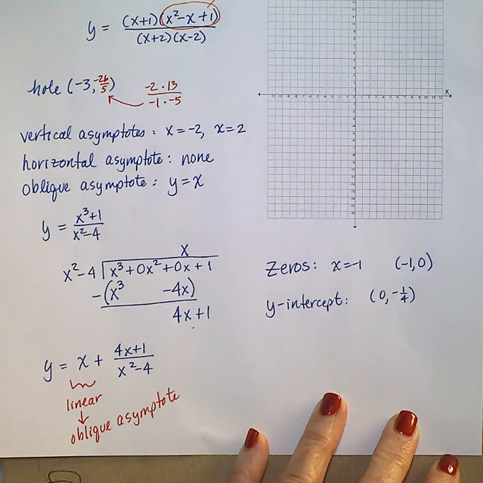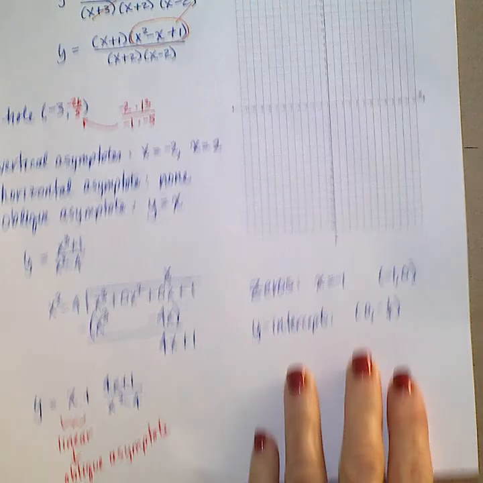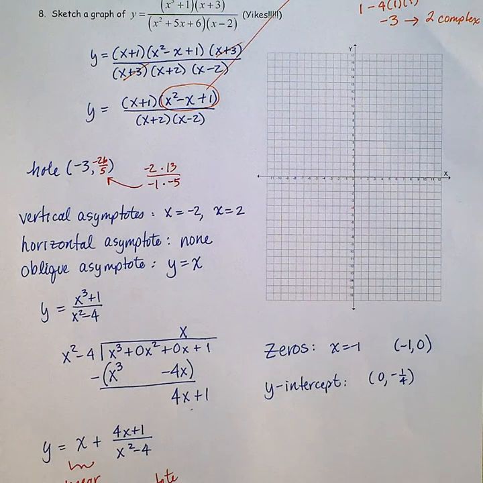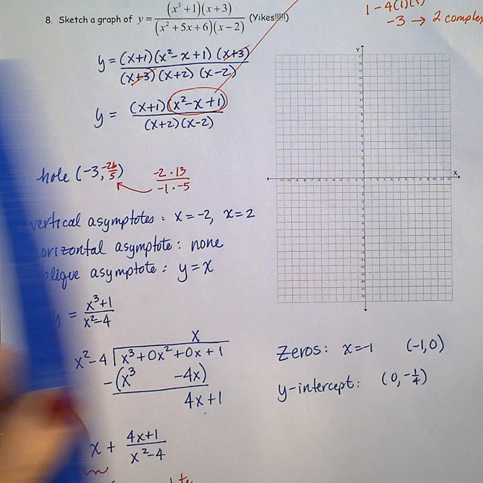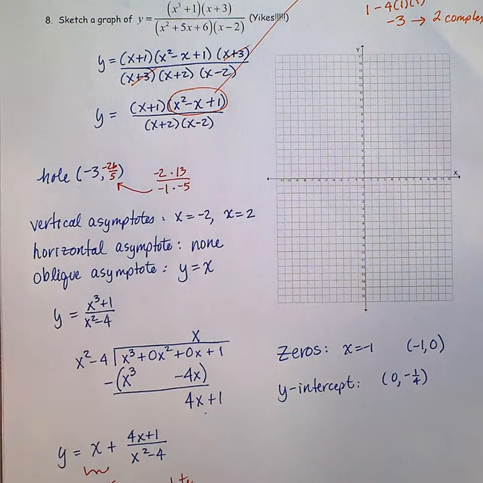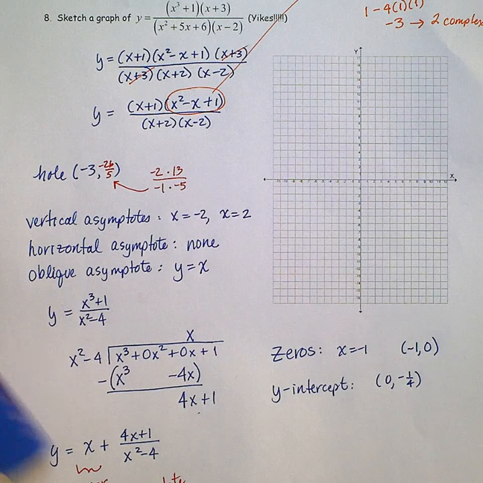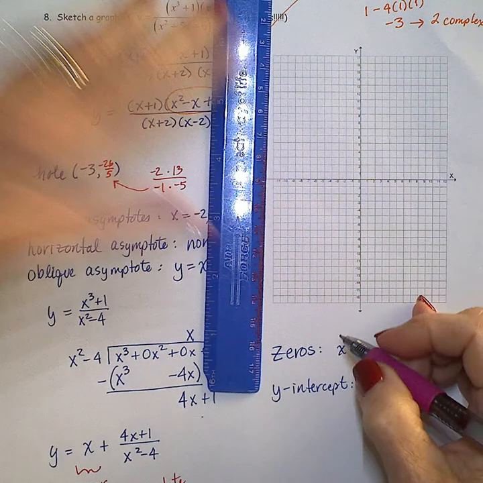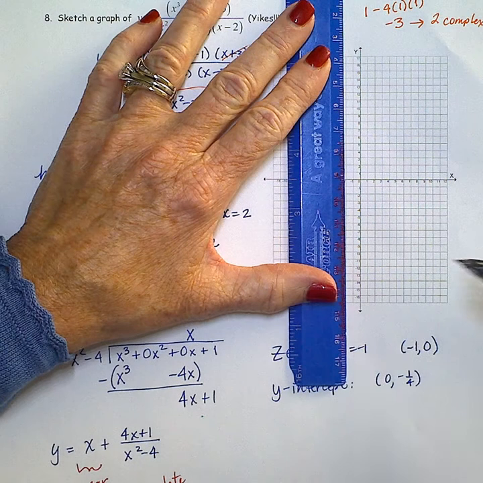All right. Okay, grab a colored pencil if you'd like. Absolutely grab a ruler because we want to have nice straight lines here when we draw our asymptotes in. Okay, vertical asymptotes at -2 and at 2.